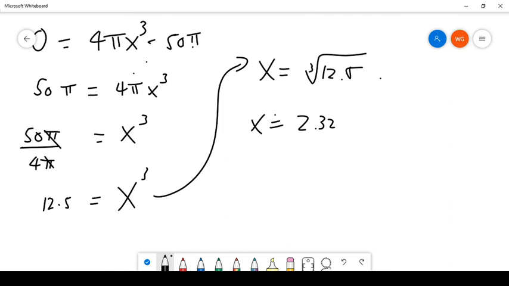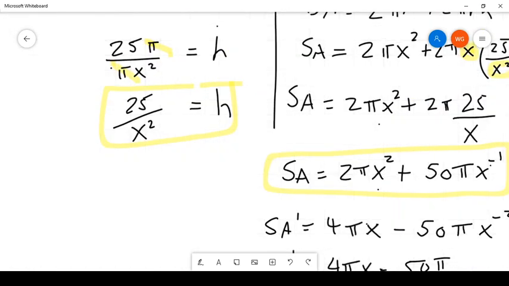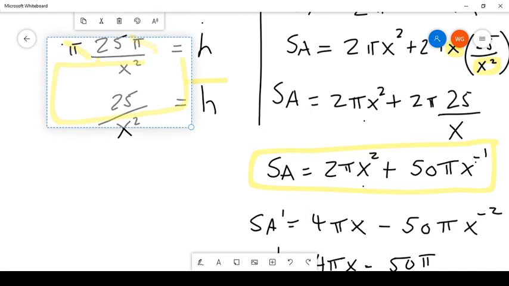And if you recall, we can then figure out the height of our cylinder. Let's just remember what our expression for height was. Height was equal to 25 over x squared.